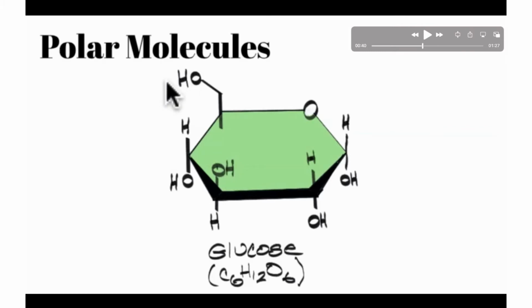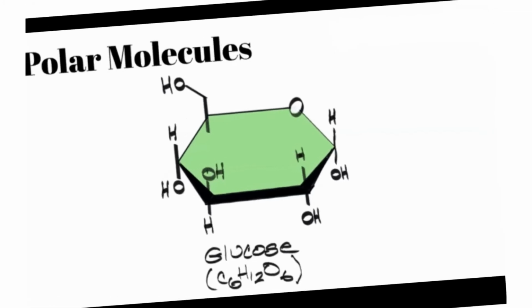As a result, that's going to create a number of regions in this molecule that have a partial negative region and a partial positive region, creating what we refer to as a polar molecule. There are a litany of polar molecules in the body. I've just mentioned water and glucose, and we'll look at others as we move forward.